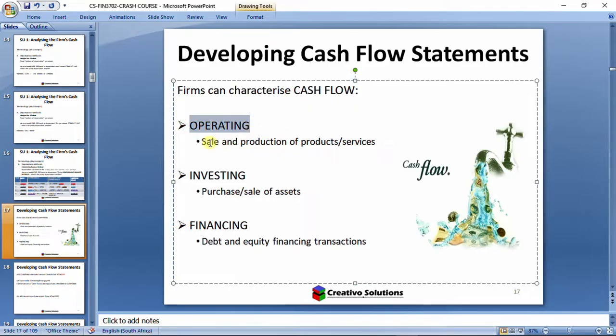So anything that relates to the operations of the business, making products, selling products, all of that's operational. Investing, we're looking at long-term. So this is that whole idea of cash. What do you do with your money? Well, you spend some of it, you should save it and invest it, or you're paying off loans, financing.